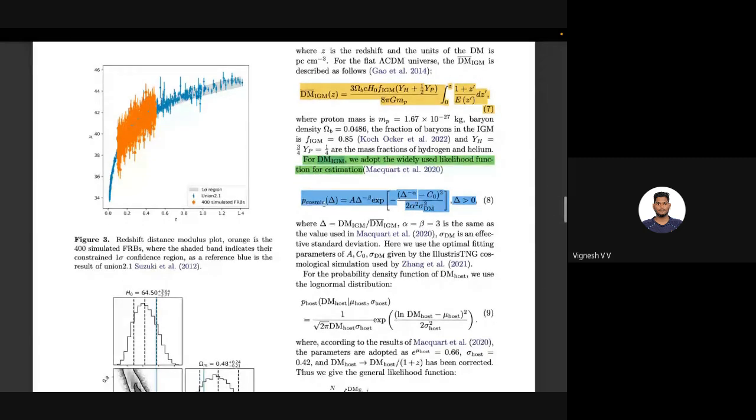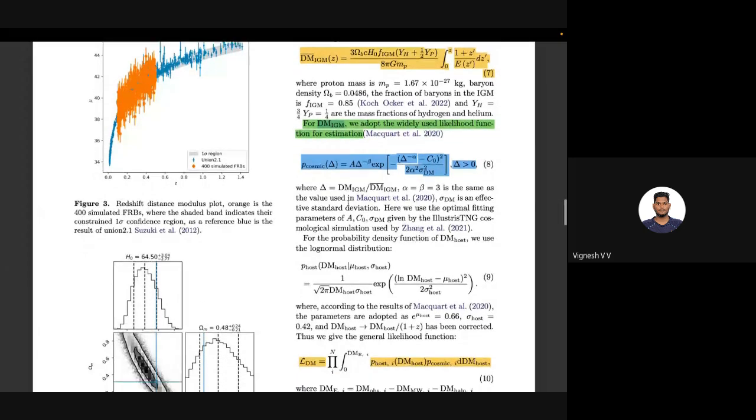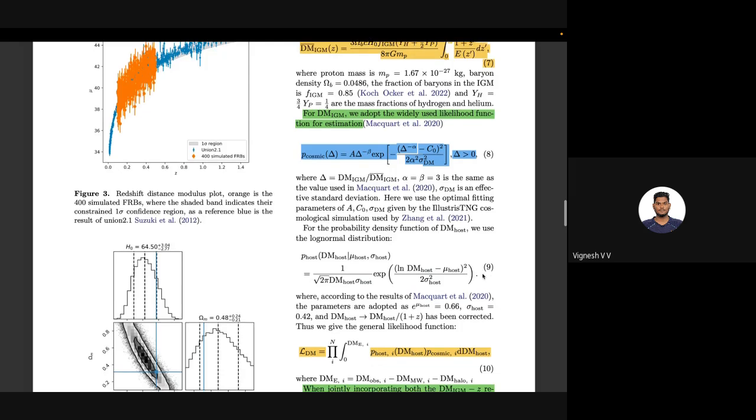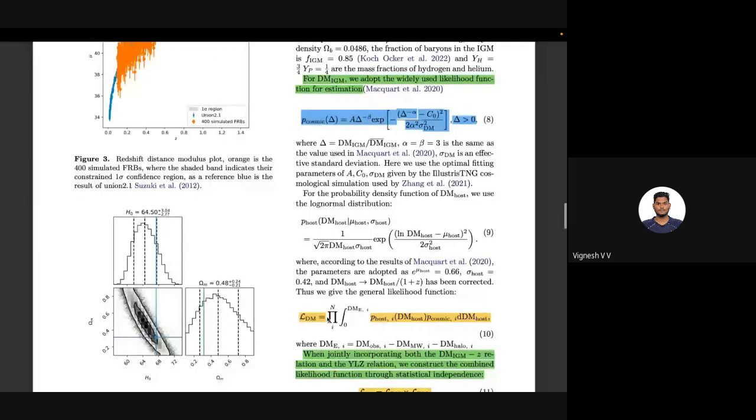This is the likelihood function mentioned in the McQuinn paper. And for the case of DM host, they assumed a likelihood function which follows a log normal distribution. So combining this, they have obtained a general likelihood function which is given in equation 10.